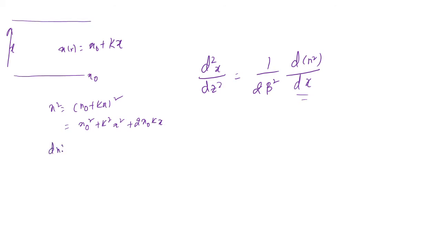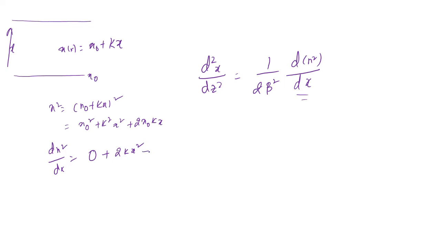So if I do dn square by dx, the first term is constant, so 0, plus I get 2k square x, plus the next term is a constant, so I get 2n0k. So this is a constant, this is 0. The only term that depends upon x is this.